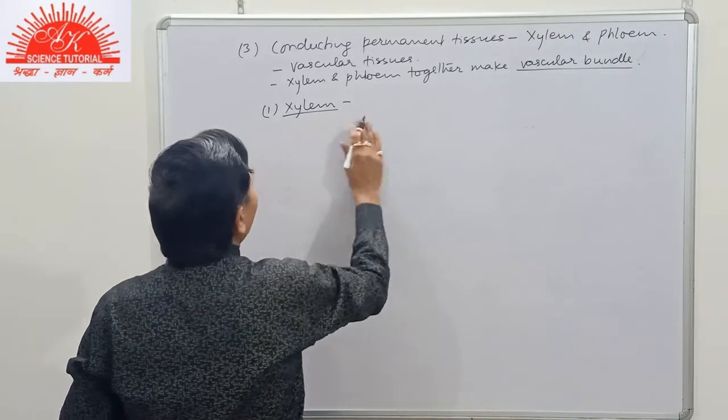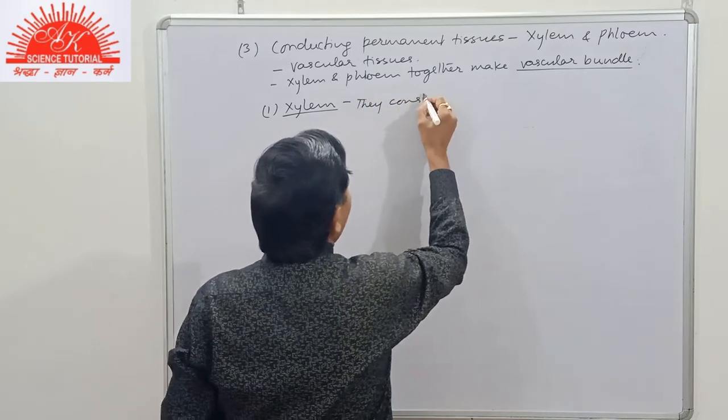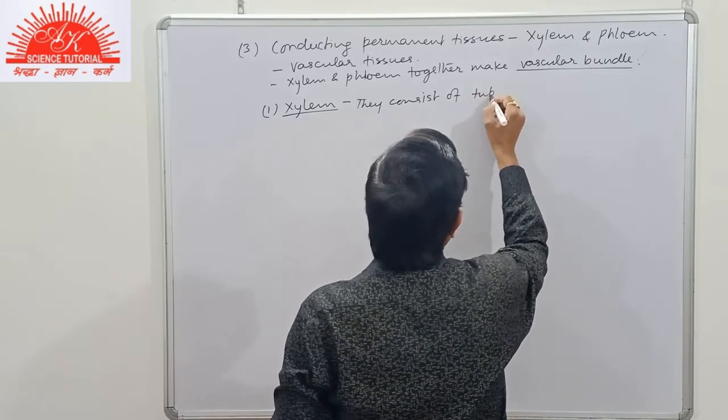So xylem and phloem consist of tubular cells.